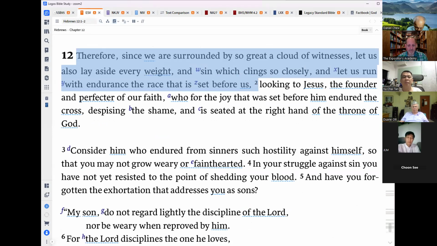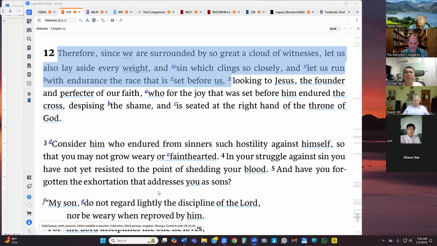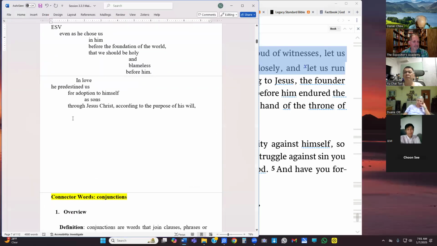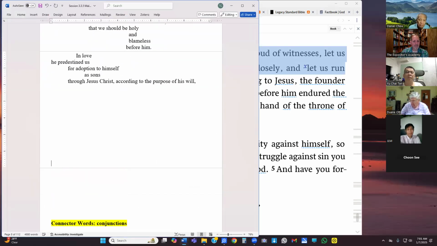Now, notice here, if I were to just take verse 1. Again, this is the ESV translation.